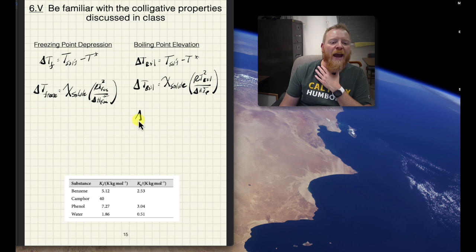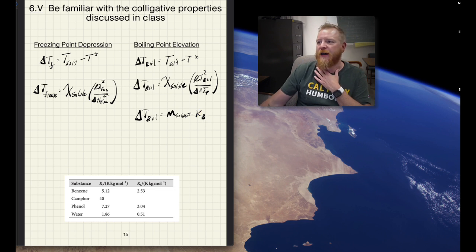So in practice, these are actually calculated using the following constants. So the molality of the solute, I'm just checking my notes to make sure that I've got that written down correctly there.